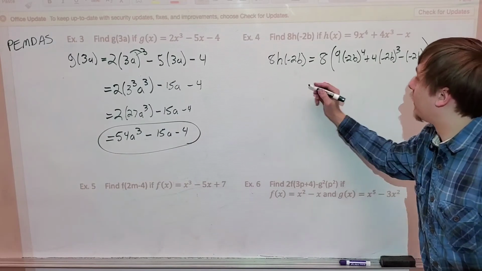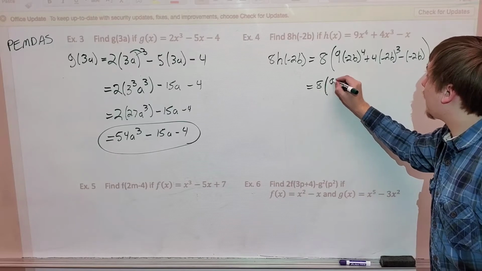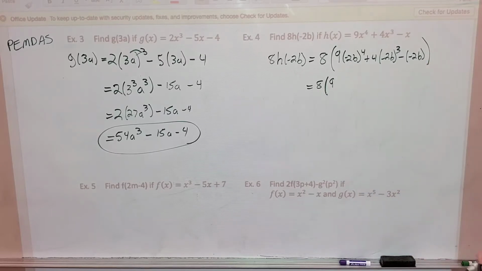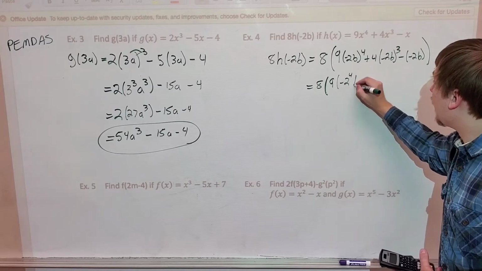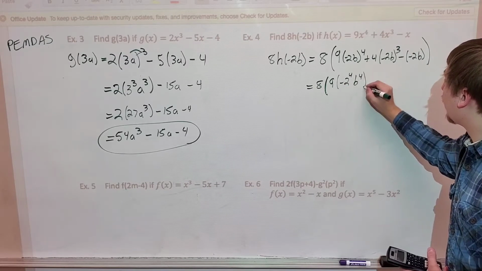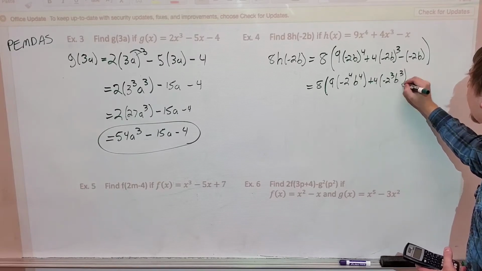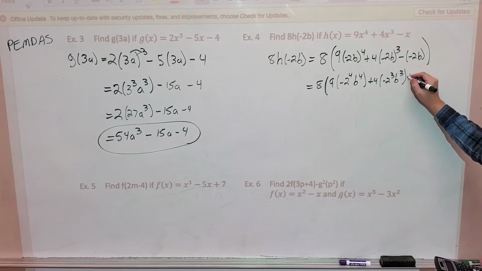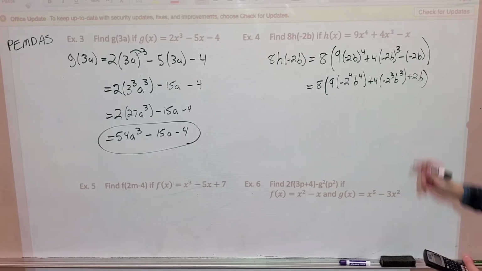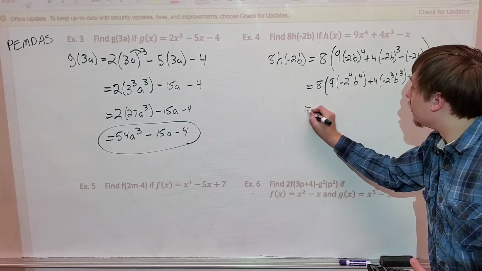So, parentheses first, PEMDAS. We've got to leave the 8 there in the front. And we've got the 9, because then we have more parentheses there. So we have negative 2 to the fourth, and then b to the fourth, plus 4, negative 2 to the third, b to the third, and then no exponent here, so go ahead and multiply: a negative and a negative makes a positive 2b.